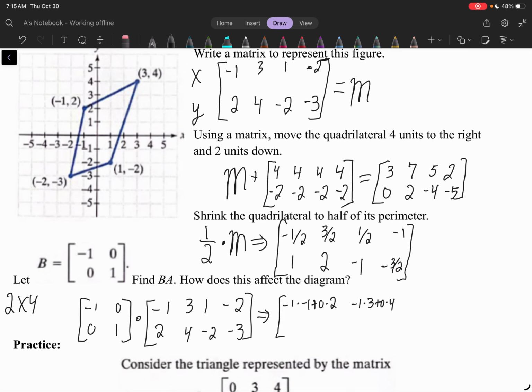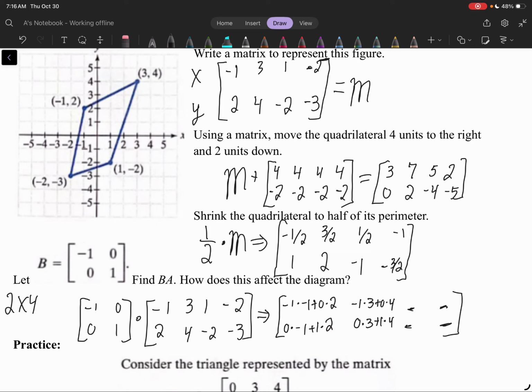I'm going to do the first two for the Y column. 0 times negative 1 plus 1 times 2, 0 times 3 plus 1 times 4, and then blank, blank for the last two.